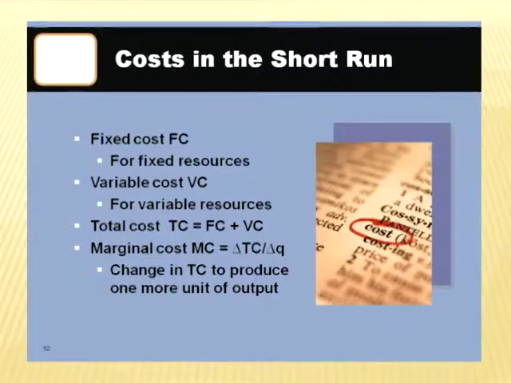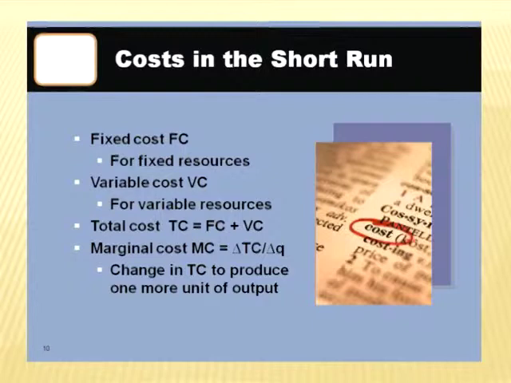Fixed costs are the cost of fixed resources. They don't change whatever level of output we have. Variable costs change as our level of production changes. So as we add more and more workers, as we add more and more people to help us load our trucks, then the variable cost is going to change. The total cost is equal to the fixed cost plus the variable cost.